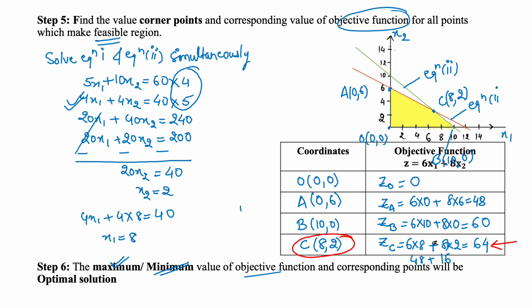So the maximum value of the objective function is 64 and the corresponding optimal solution is x1 equals 8 and x2 equals 2. So this is the solution for my given linear programming problem.